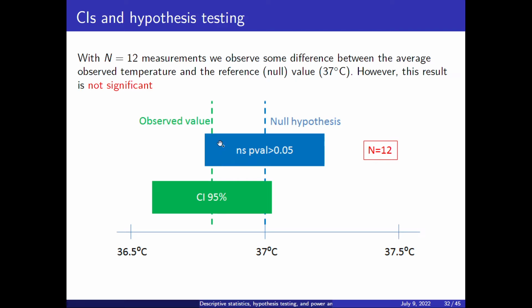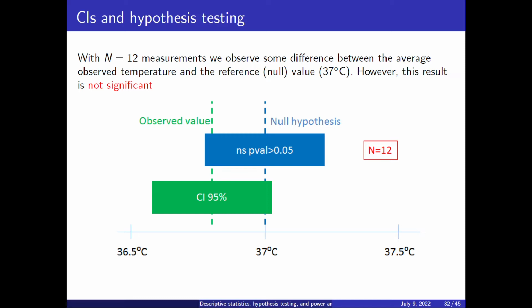And this 36.8 would not be rejected by this critical value. This happens with 12 measurements. If we have measured the temperature of 12 people, what happens if instead of 12 I measure 120?